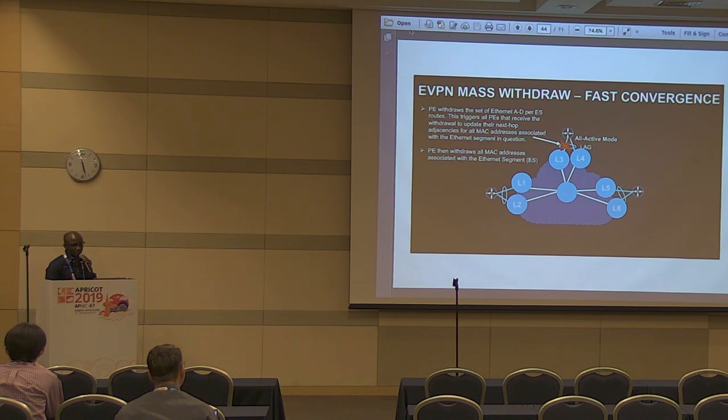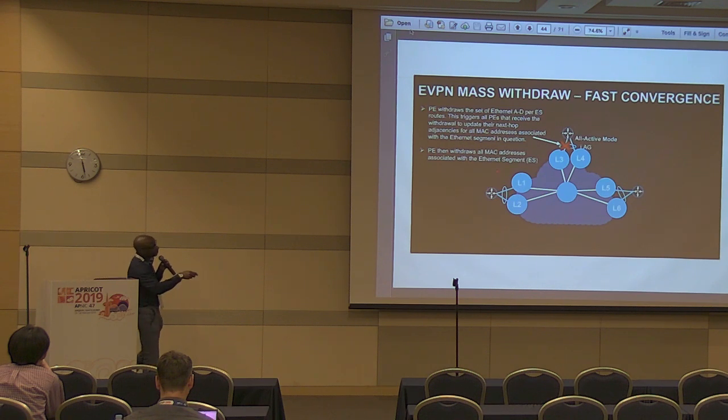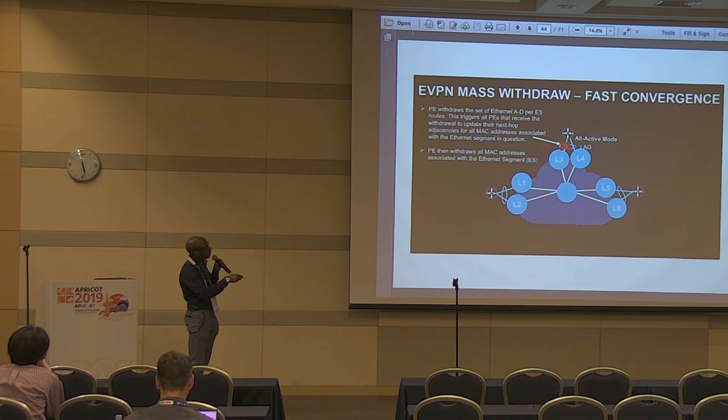So if the leaves, for instance these two leaves, 3 and 4, are operating in active-active mode, and one of them loses the attachment circuit, say behind these leaves we're learning thousands of MAC addresses.